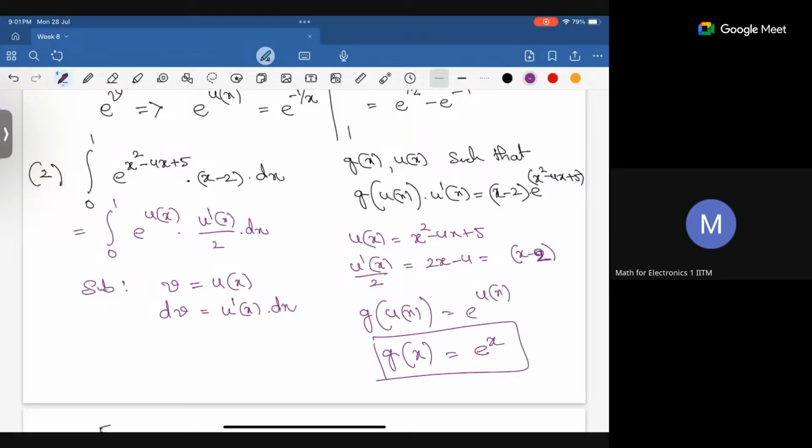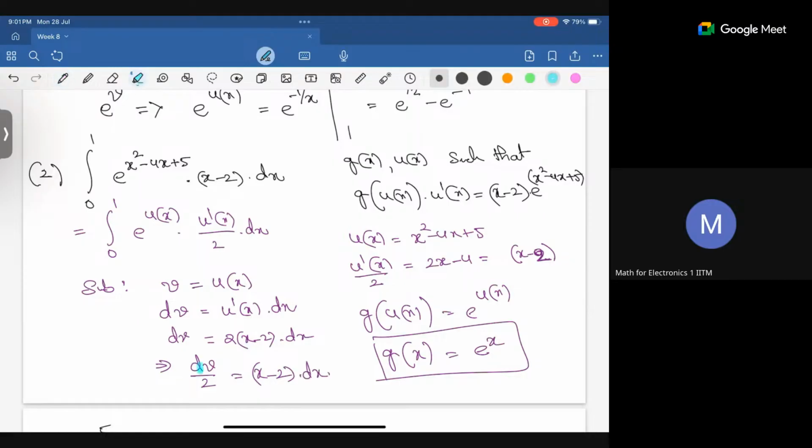And u prime of x is 2 times x minus 2 dx. I want x minus 2 into dx, so dv by 2 is equal to x minus 2 dx.